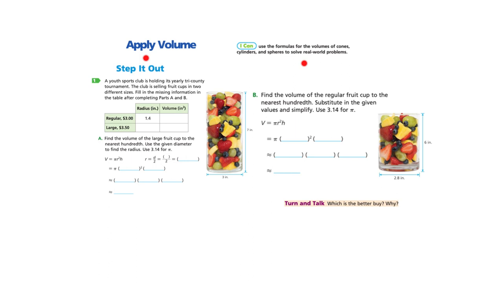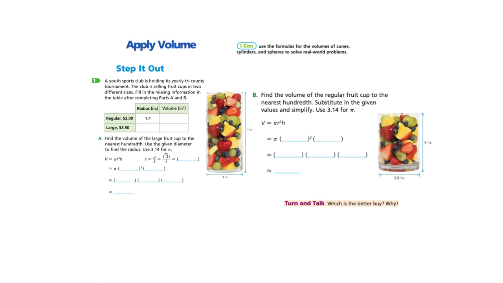All right, so let's look at A. Find the volume of the large fruit cup to the nearest hundredth. Use the given diameter to find the radius. Use 3.14 for pi. So they give you the diameter here is 3. So the radius equals the diameter divided by 2, and that's 3 divided by 2 equals 1.5.